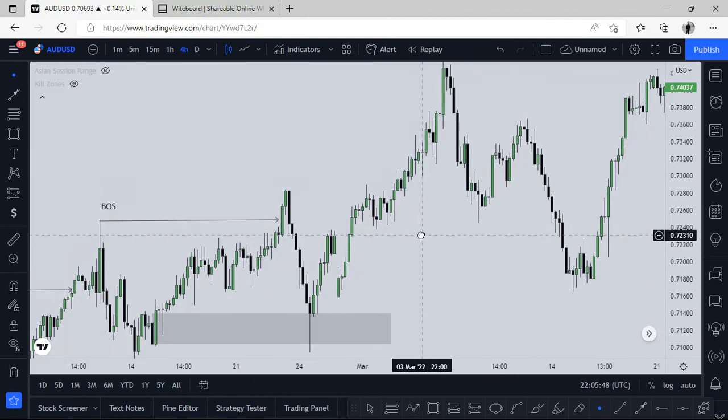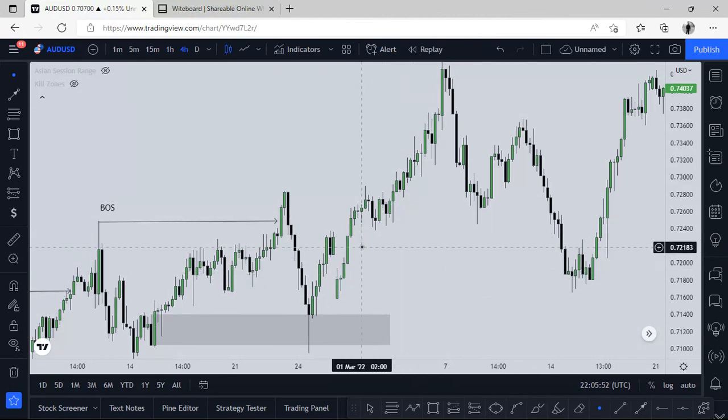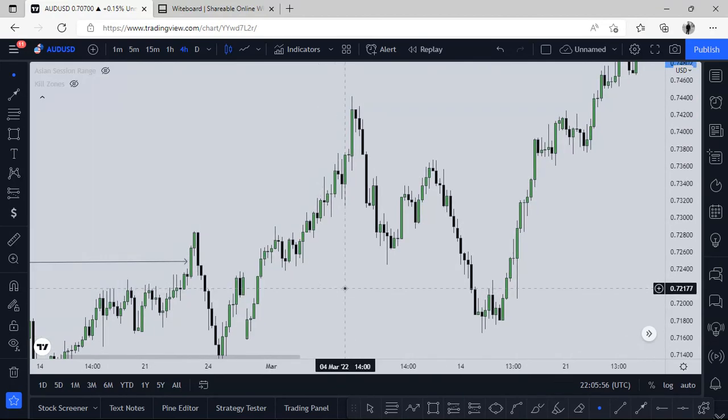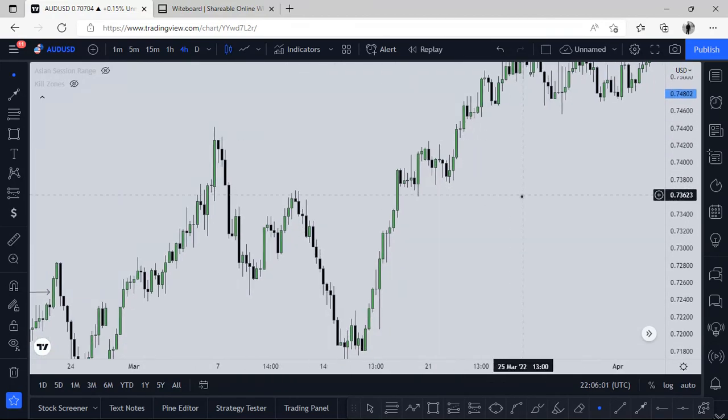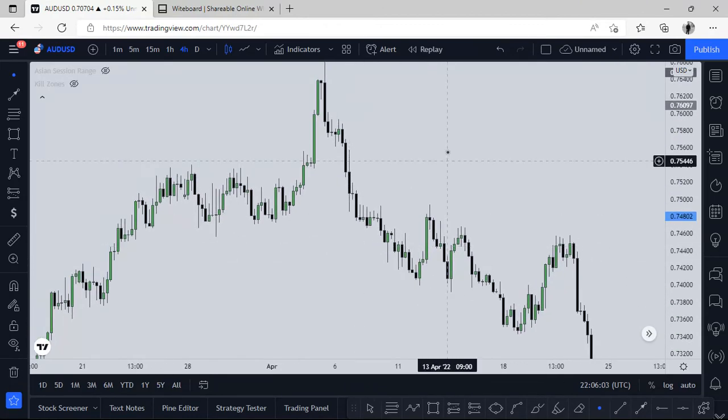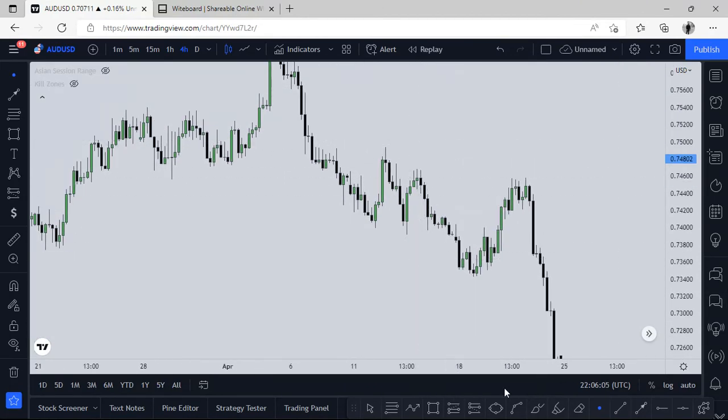So these are subsequent examples that we will be looking at here. Okay, so another one, break of market structure here. So basically that's what I'm trying to explain here. As you can see, there's more selling.